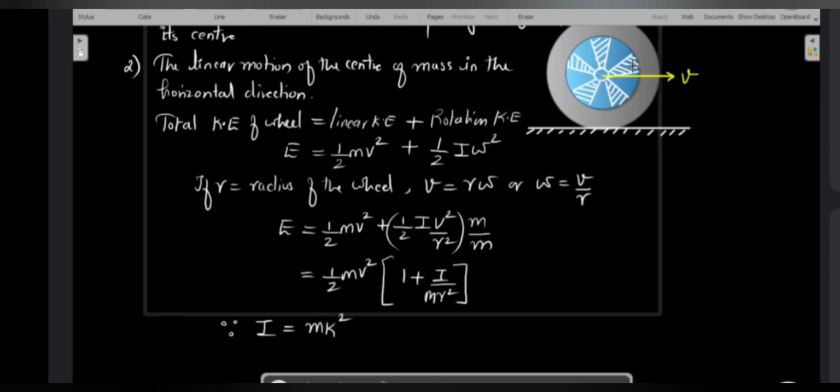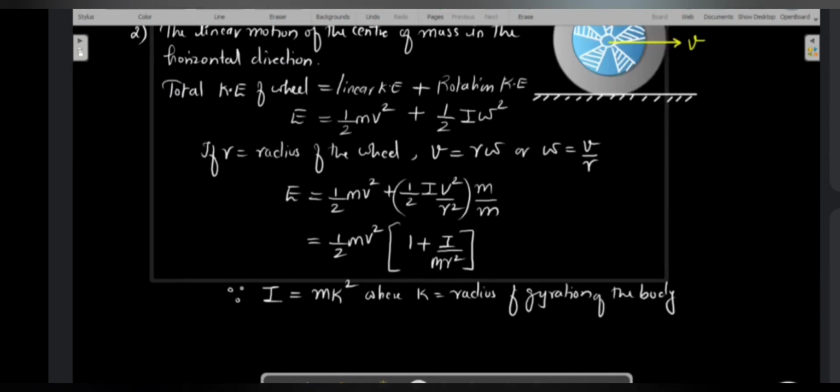So r I have taken as the radius of the wheel. So obviously radius of the wheel and radius of gyration won't be same. So I will take it as k over here, where k is the radius of gyration of the body. So I will substitute in this formula over here.